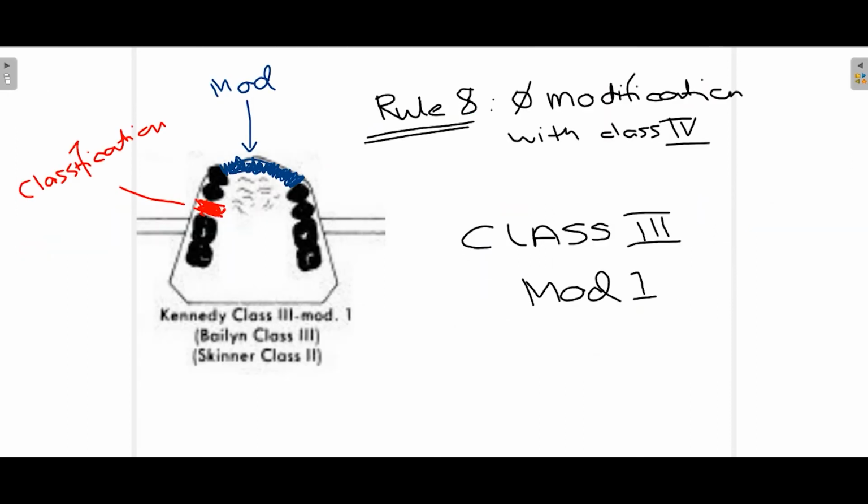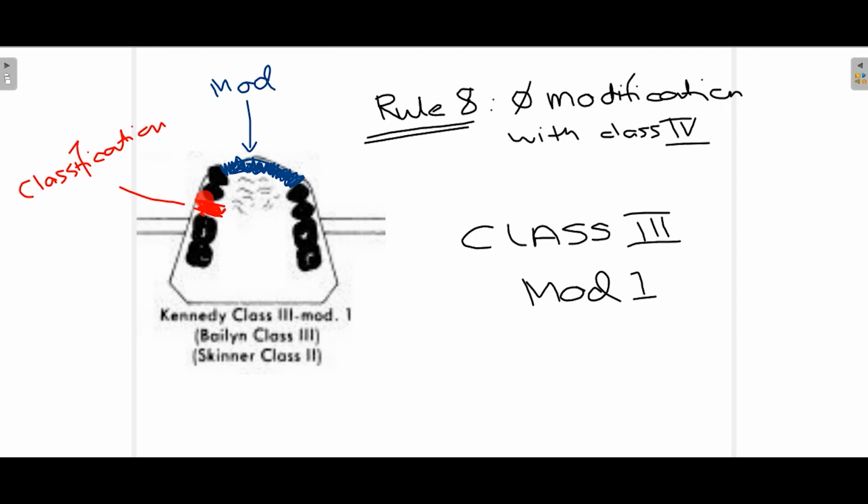Talking about some more examples, in this picture you can see that although this can be class 4, as there is an edentulous area anteriorly which is crossing the midline, according to Applegate's rule number 8, no modification can be associated with class 4. So in this particular example you can see this red area which is edentulous.